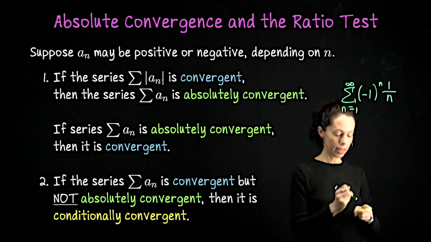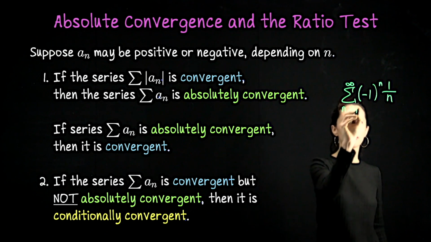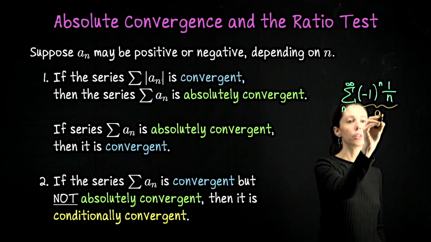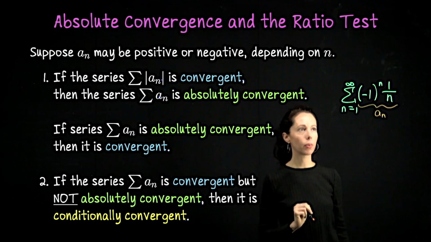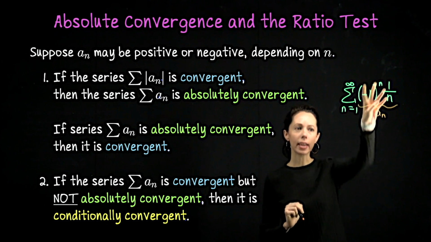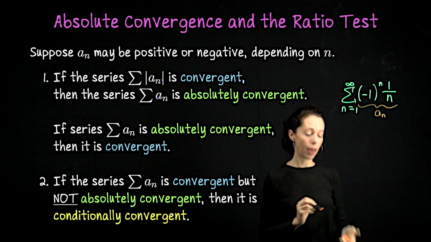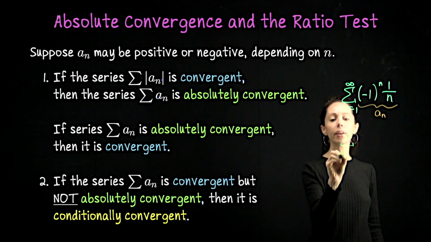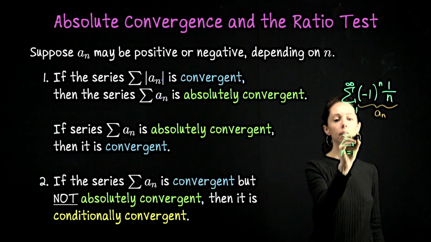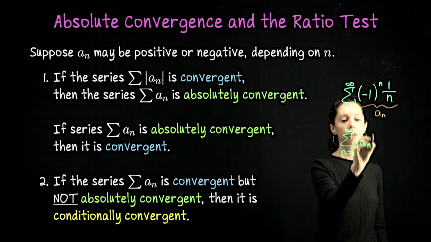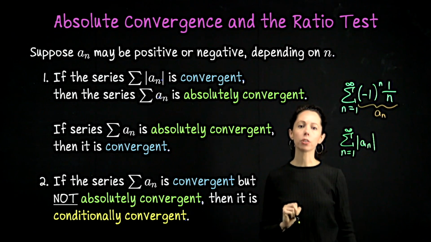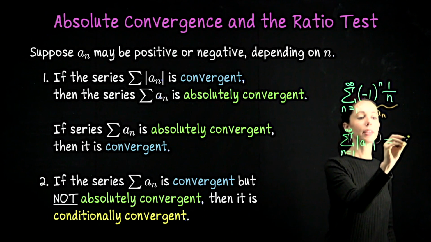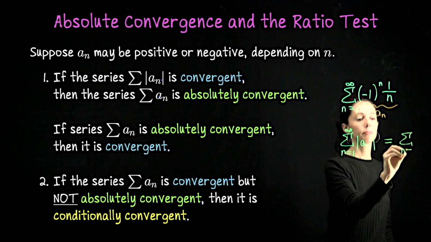However, if I take these terms, and here the term a sub n is going to refer to the entire expression, negative 1 to the n times 1 over n. If I take this expression and I compute its absolute value, what we would be setting up is a series of non-negative terms. So the absolute value of our original series, in this case, would be the divergent harmonic series.